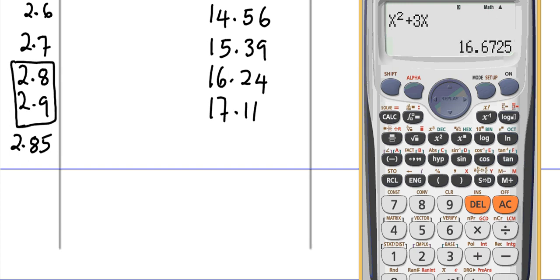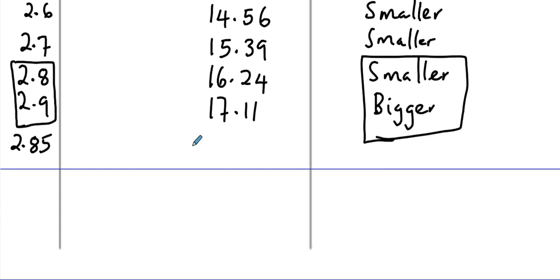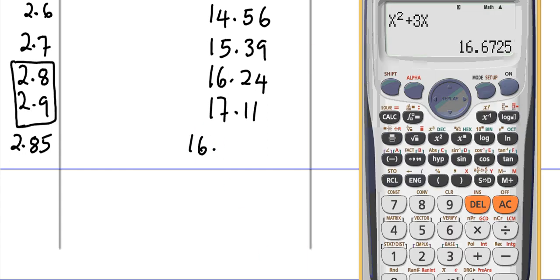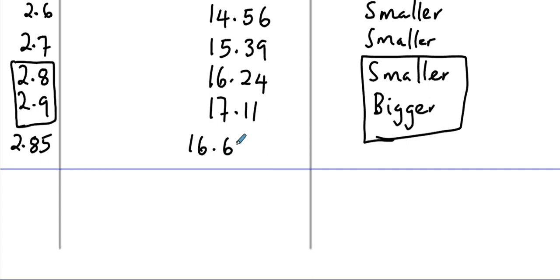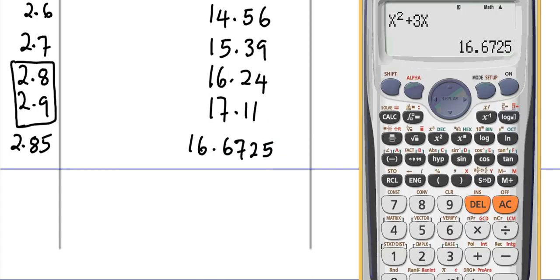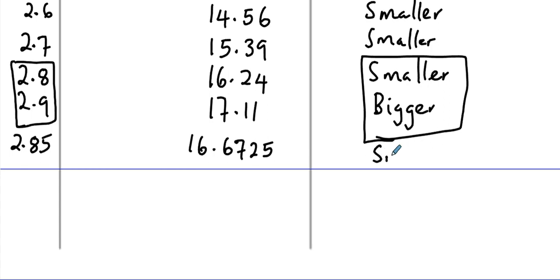We get 16.6725, which is smaller than the expected. And because it's smaller, we have to go higher than 2.85, and the number higher than 2.85 is 2.86.